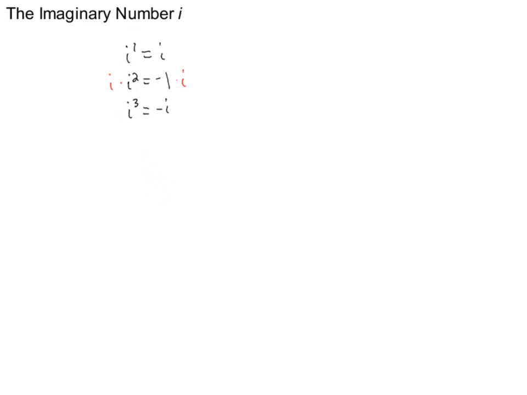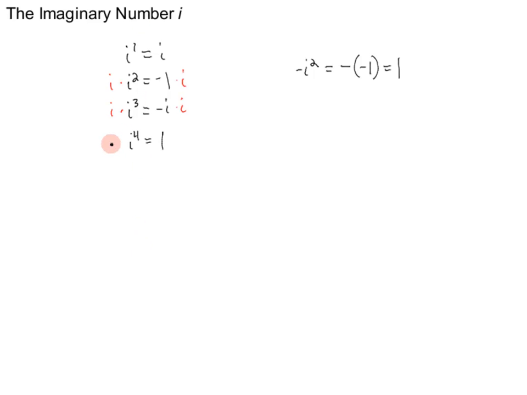Similarly, if I multiply both sides by i here, the left side is going to give me i to the fourth, and the right side is going to give me negative i squared. But i squared is negative 1. So if I replace that, I get negative negative 1, which is positive 1.